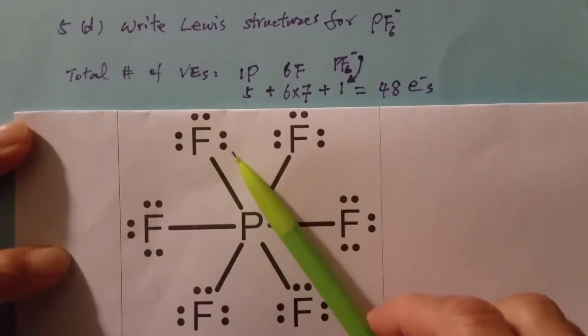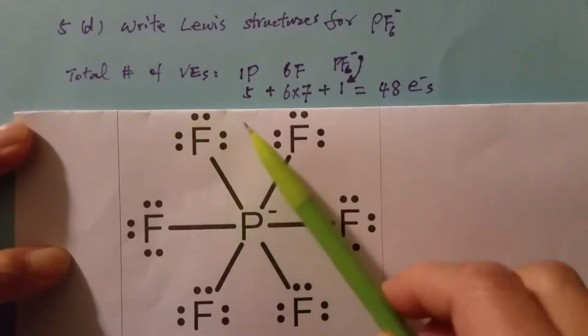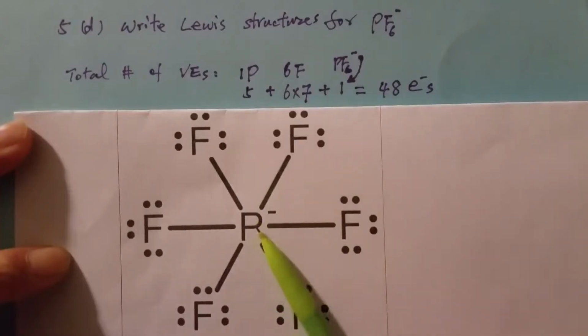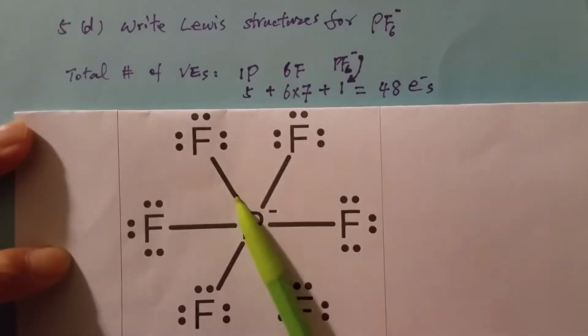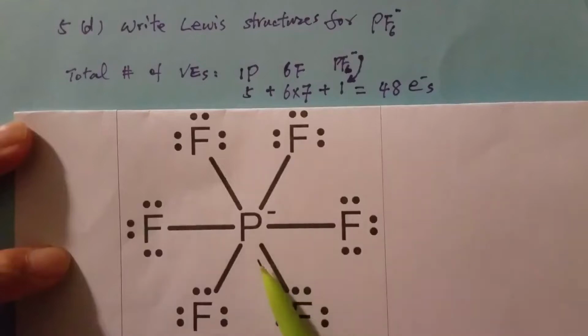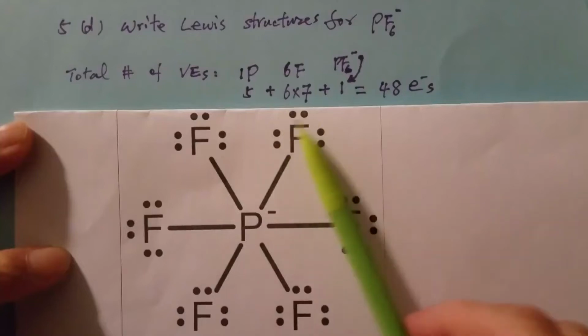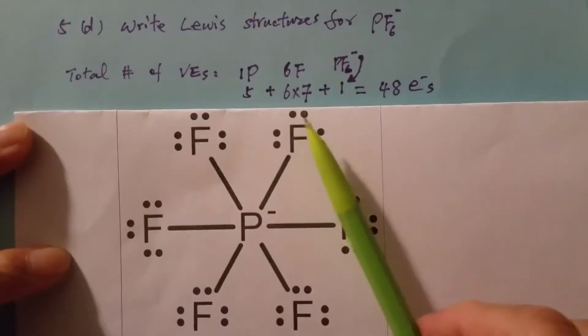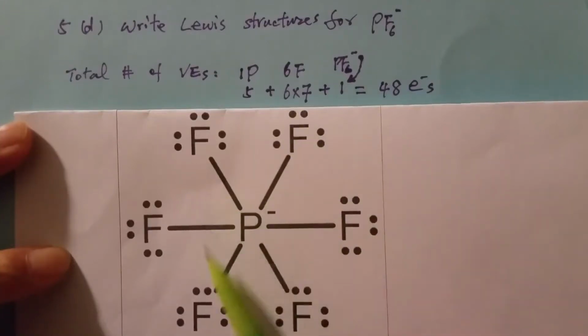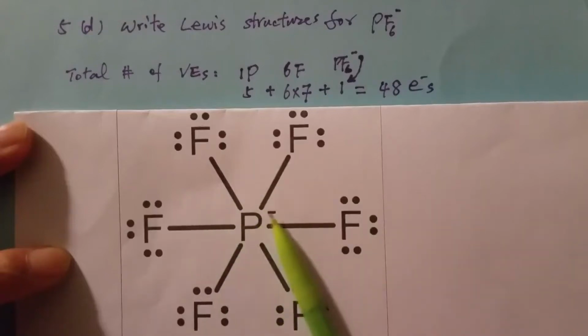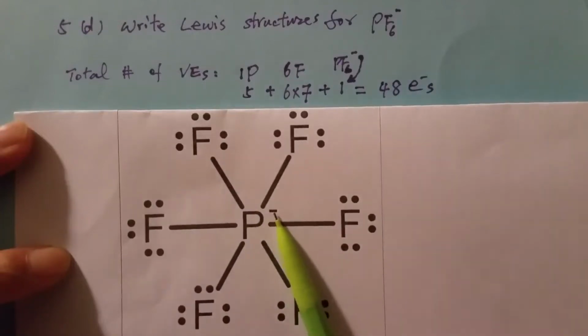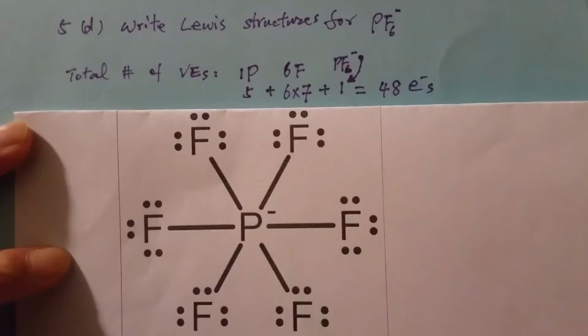That's the electron density, you can say, 8 per atom. But for phosphorus, how many? You have 1 bond, 2, 3, 4, 5, 6 bonds, then 12 electrons. 12 electrons surrounding phosphorus versus 8 electrons surrounding each fluorine, obviously there's more electron density right here. So therefore, we place that negative charge right here in the center.